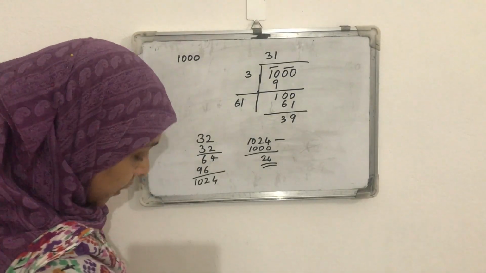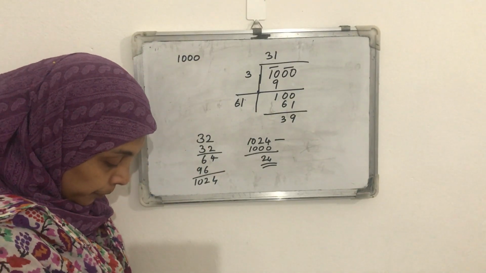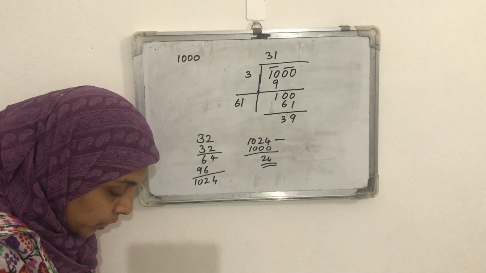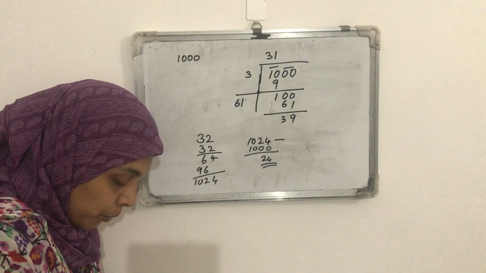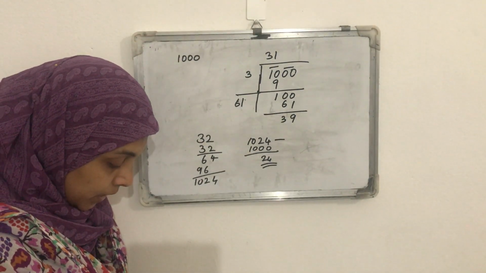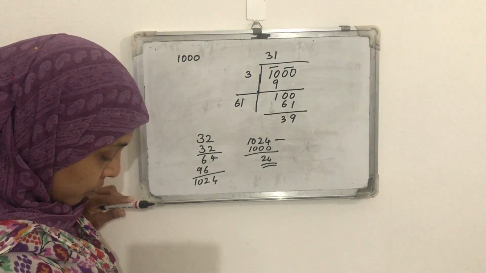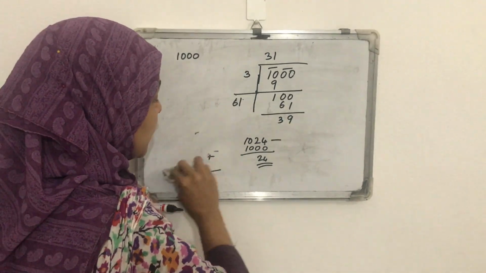Just like that, one more question is there. There are 500 children in a school. For a PT drill, they have to stand in such a manner that the number of rows is equal to the number of columns. How many children would be left out in this arrangement? Here, total how many students? 500 students.